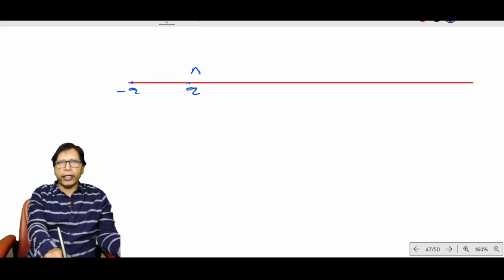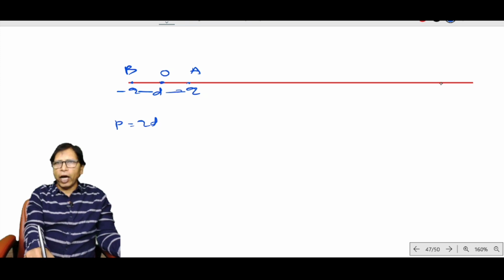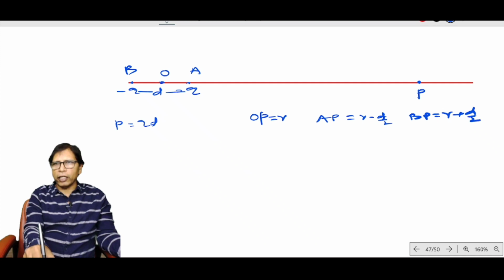This is point A and this is point B. The center of the dipole is O, and the dipole moment P equals Q into D. Now we have to calculate the intensity on the axis of the dipole at a distance from the center of the dipole, that is OP equals R. If OP equals R, then AP equals R minus OA, that is R minus D by 2, and BP equals R plus D by 2.